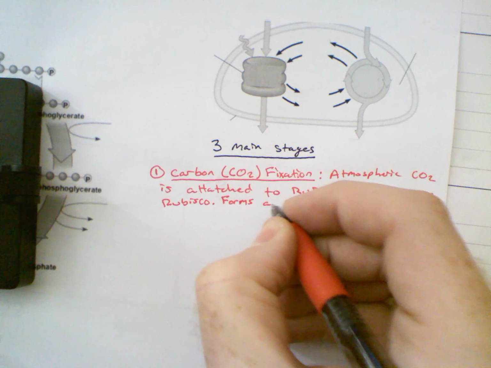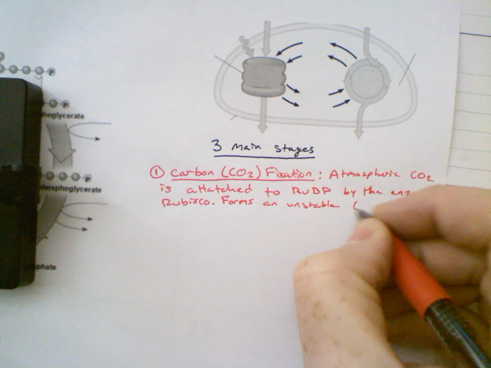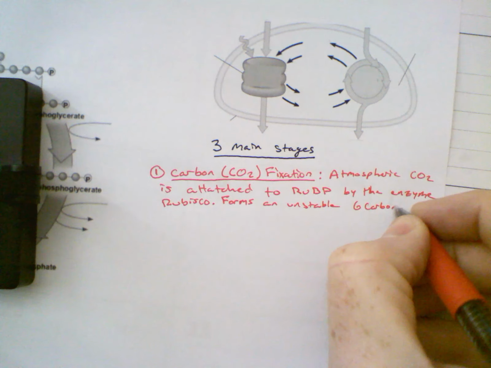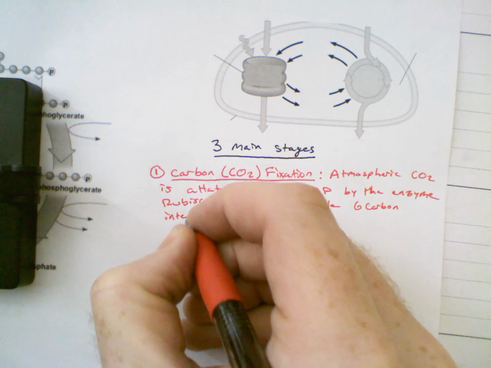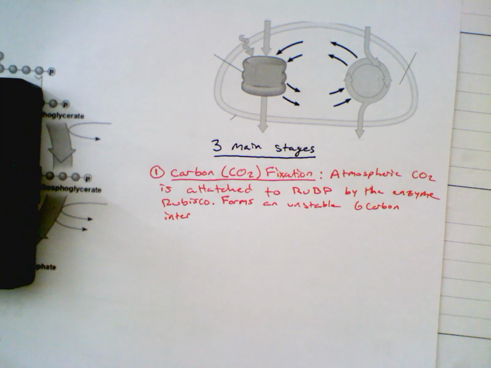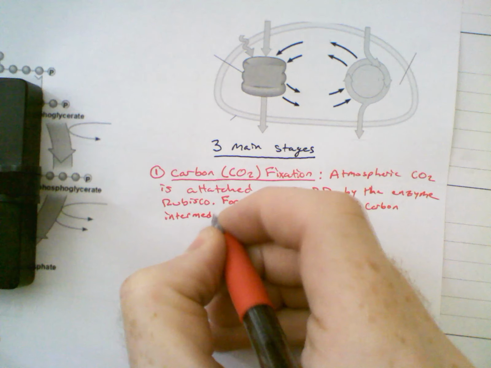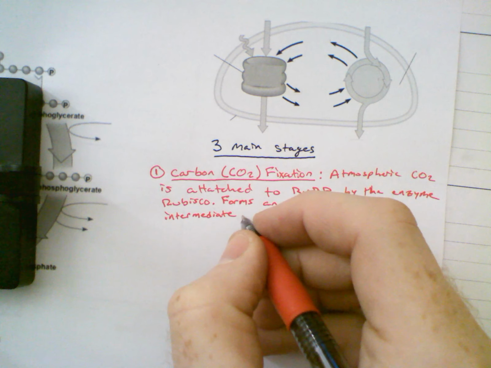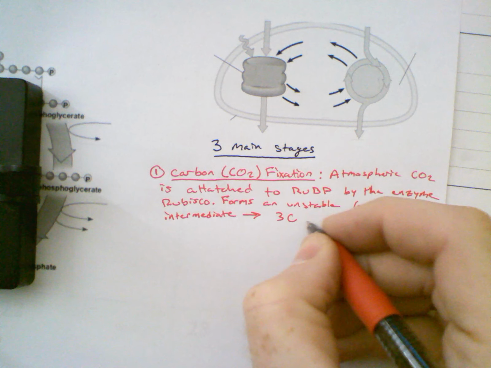So it forms an unstable 6-carbon intermediate. An intermediate is just something that is formed in between where you're actually headed. So this is just a very short-lived molecule, and it is going to then split into 3 carbon molecules.